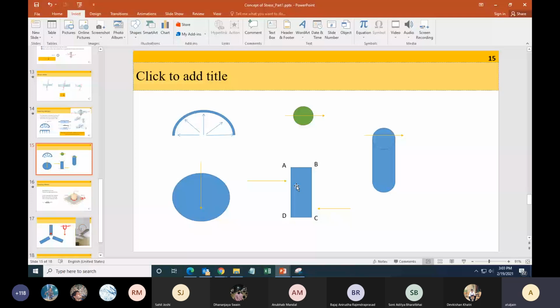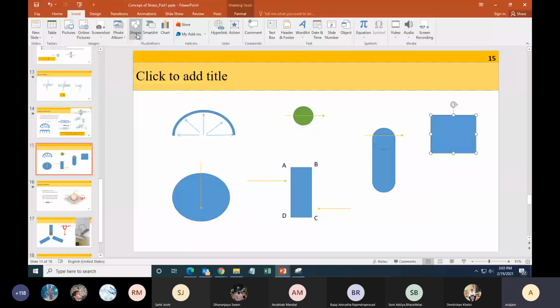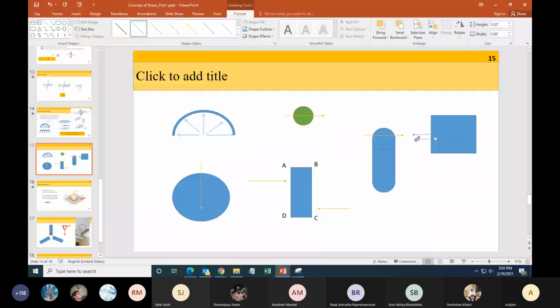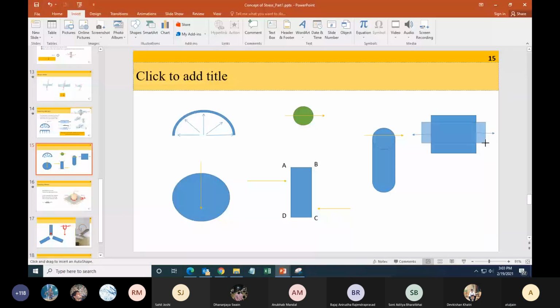Let's make another simple illustration. Let's say this is a square and I apply some load. After I apply the load, you will learn about it also in the next topic, my shape will become something like this.